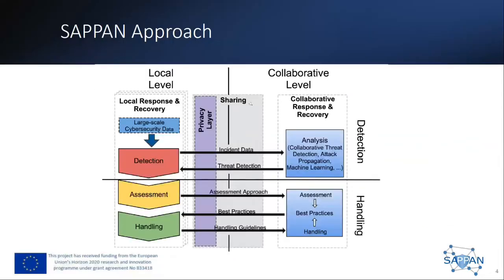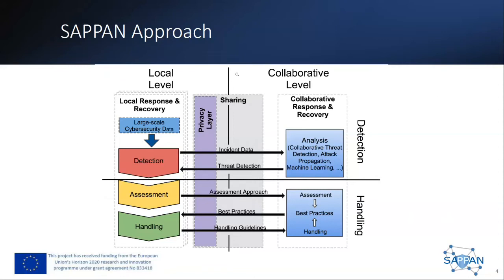So this is a little bit of an overview of how the SAPPAN data sharing approach works. We can think about an incident management lifecycle. We have detection and handling, and in incident detection, you have large scale cybersecurity data gathering, and then detection. At the local level, you can think of an organization, an SME or a mid-sized European company, trying to improve their detection capabilities.